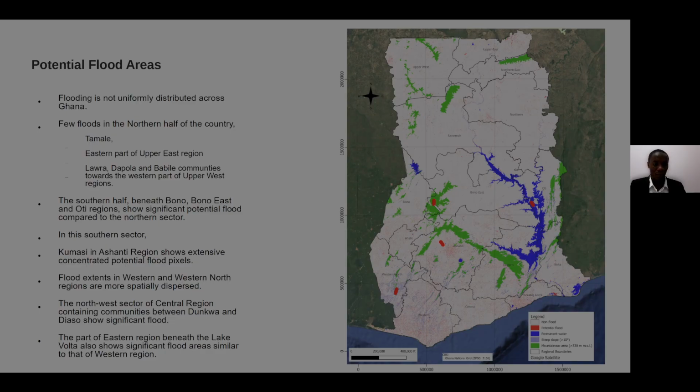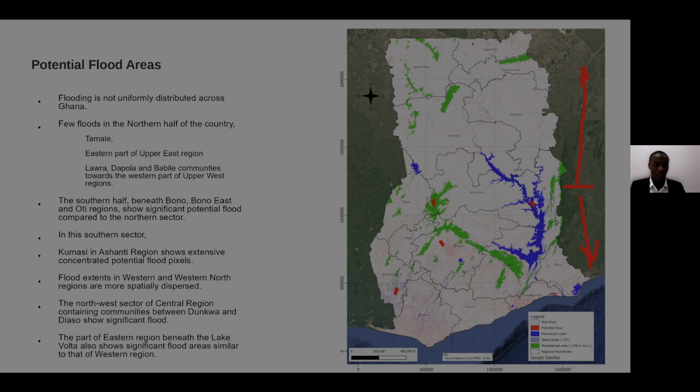mean sea level. Now on the map we can see that the red pixels are very few on the northern half of the country, whereas on the southern half of the country they are much more visible, implying that there is less flood occurring in the upper parts of the country as compared to the southern sector.